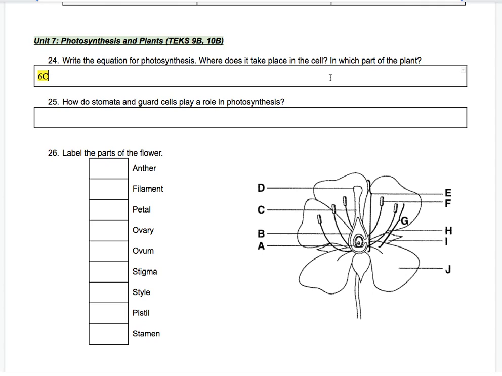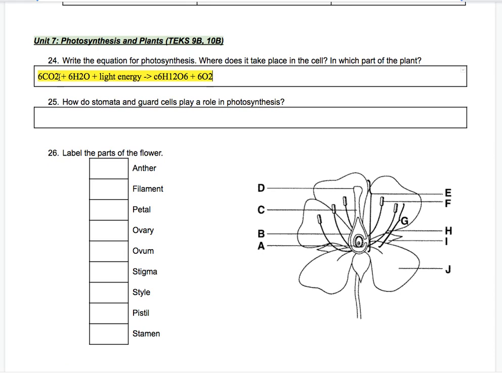6 carbon dioxide molecules along with 6 water molecules along with the light energy from the sun is going to make sugar, which is a glucose, and oxygen, 6 oxygen molecules, which is the air we breathe.